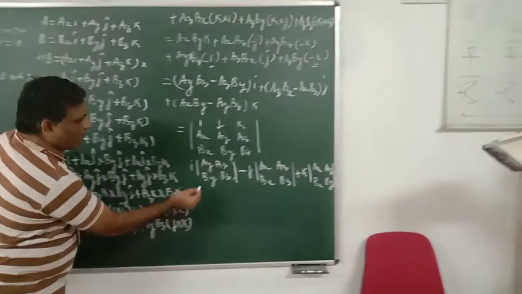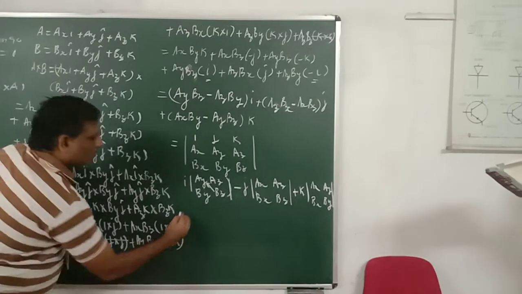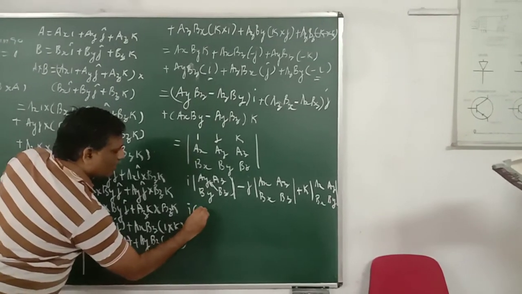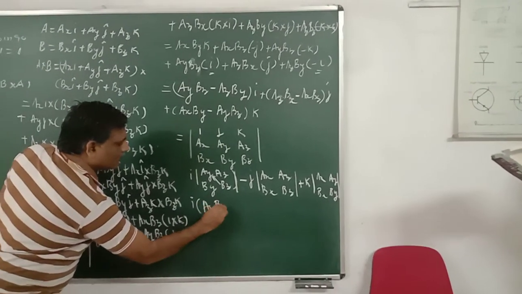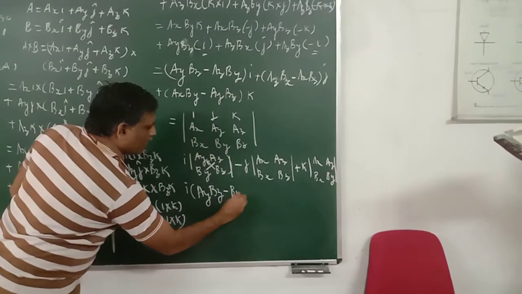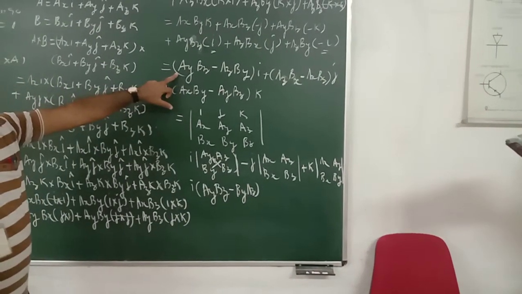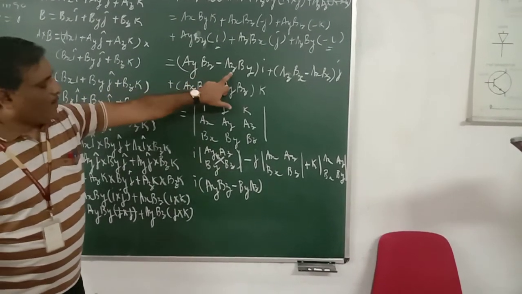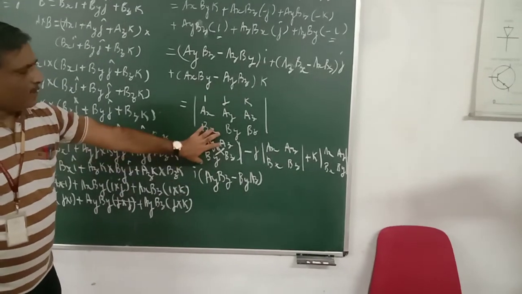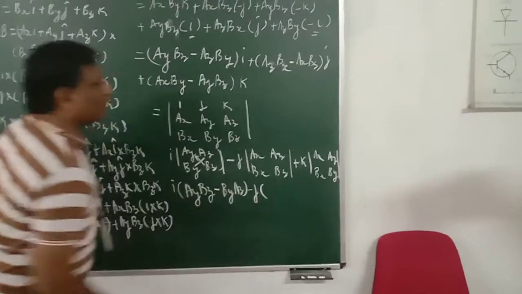Now I tell you how to go from this to this. First from right to left, it becomes AY BZ minus BY AZ, times i. So this is another form to write it down. The middle term we take as a minus when it is a determinant term.